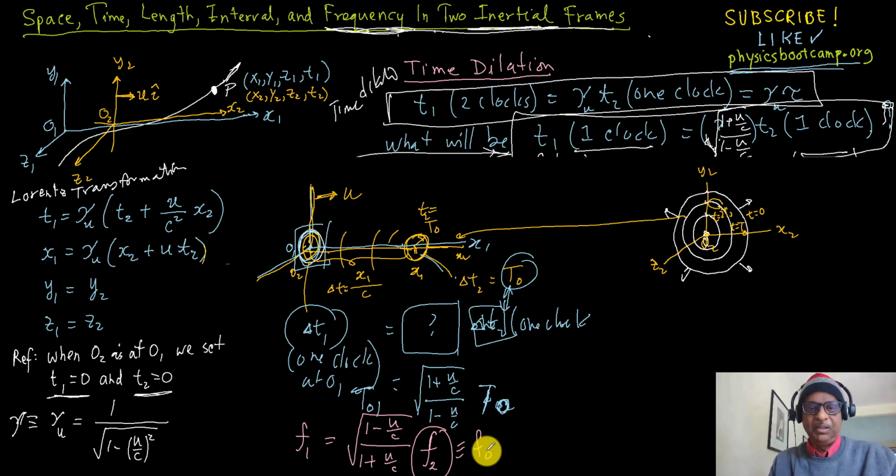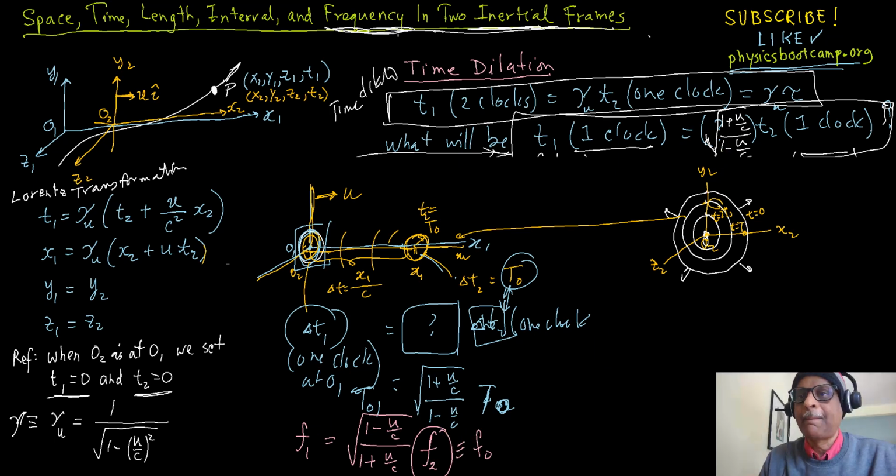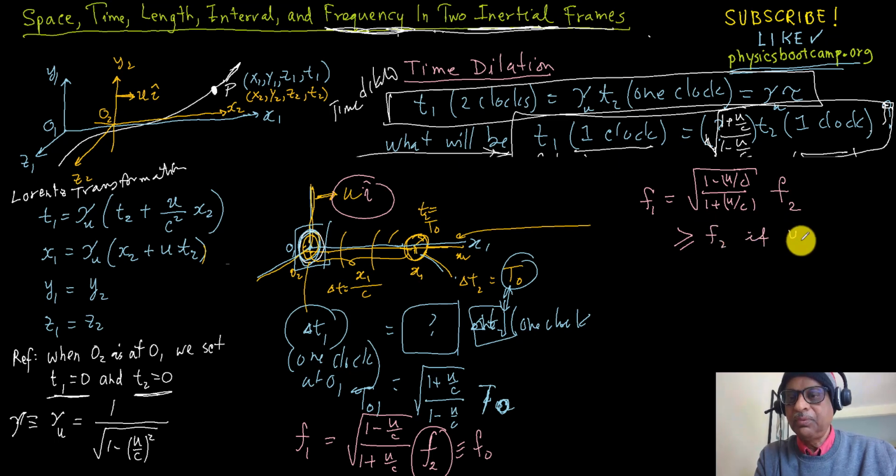Now let me say something about this formula here. Because this is moving to the right, u is positive, so f1 is less than or equal to f2 if u is positive.